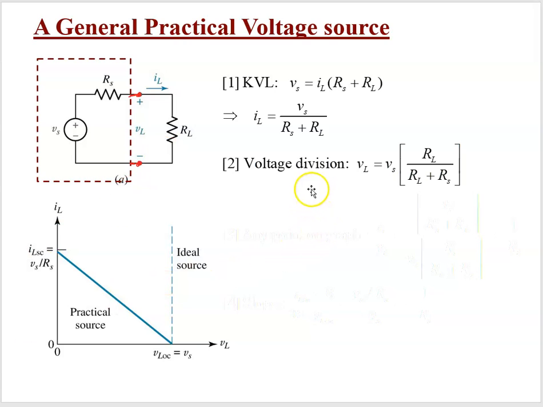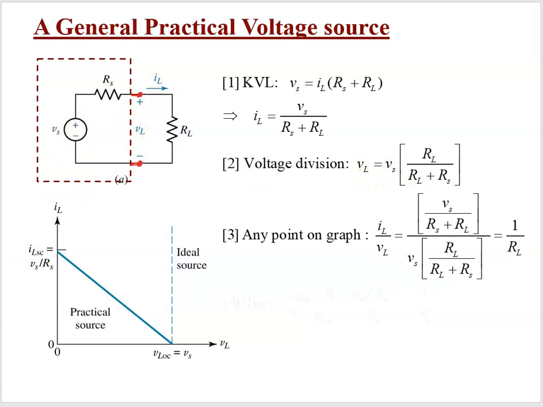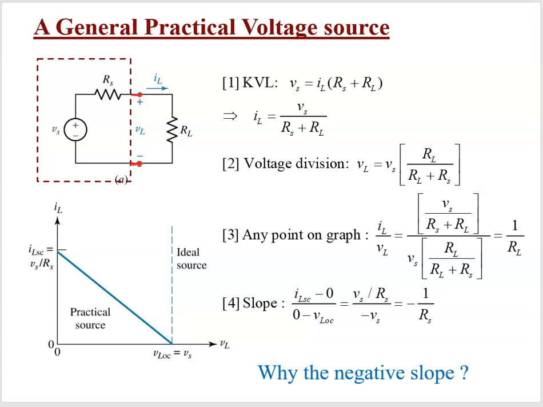So we can find the load voltage using voltage division, because these elements are in series. And then at any point on the graph, we can get that current divided by the voltage. That's going to be our point on the graph, and that's going to be our 1 over RL. So as we vary RL, that's what moves us up and down this graph.